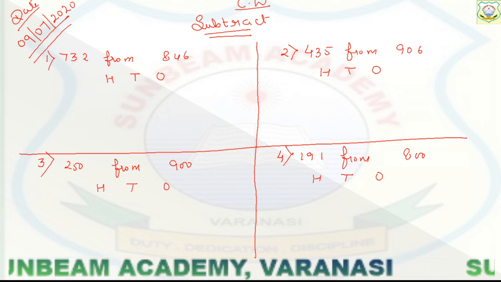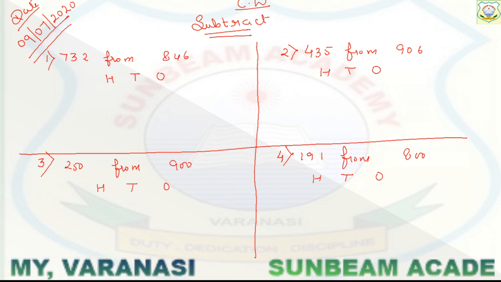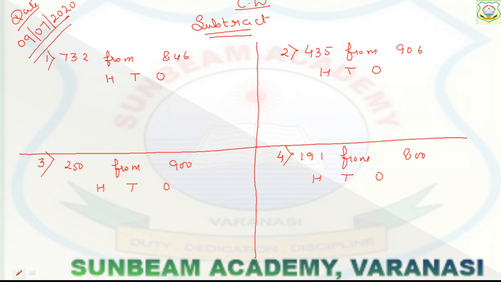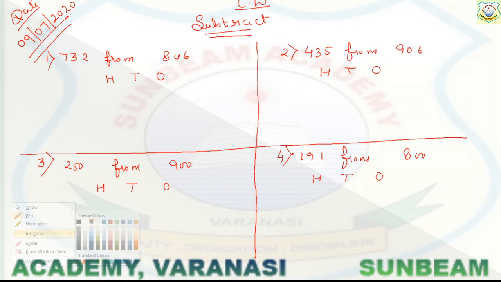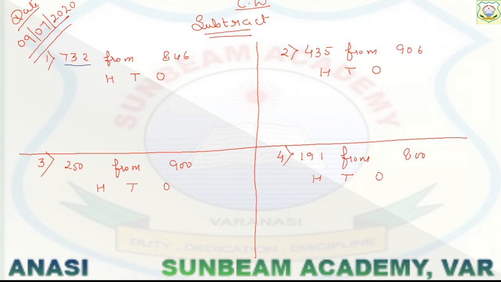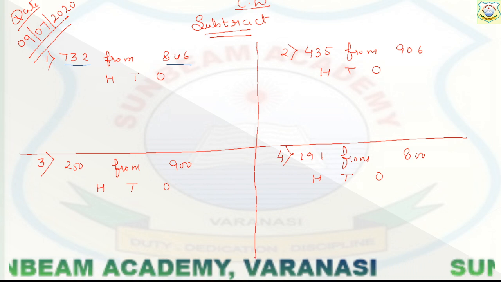Now this is very important to understand. You can see here I have written two numbers. Let me change the ink so that you can understand. Now this is 732 from 846. Now understand the meaning of from here.